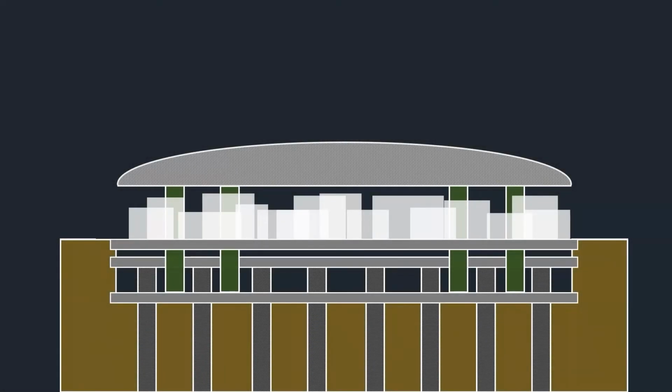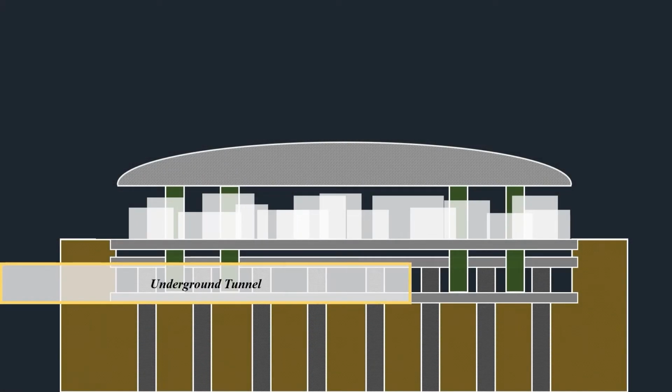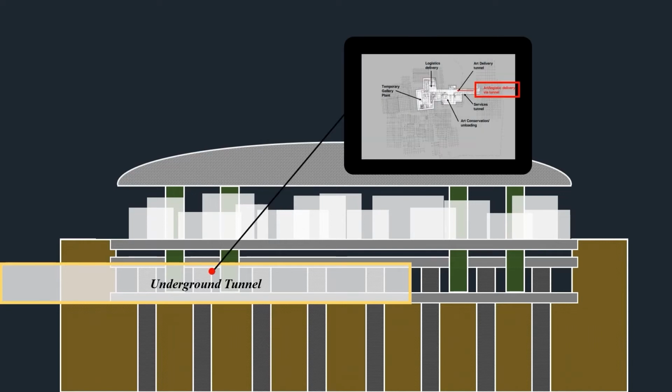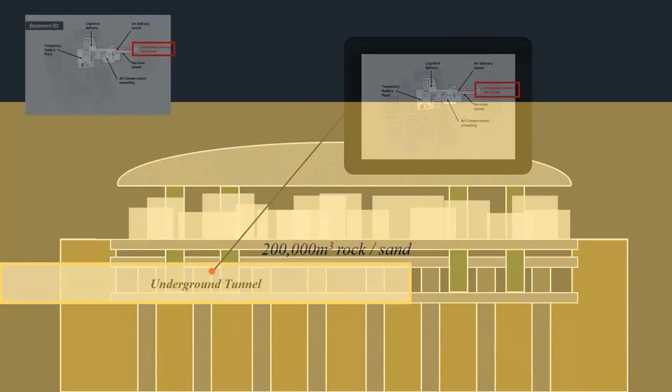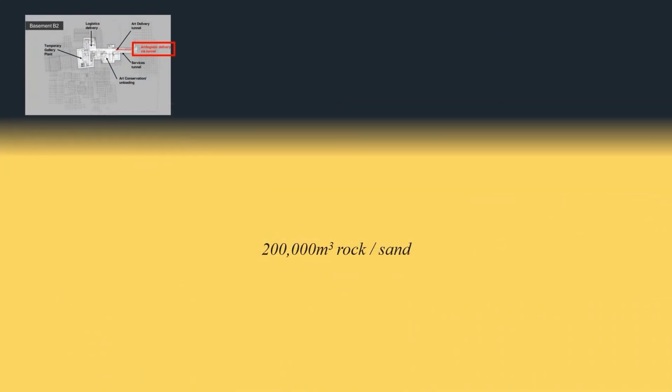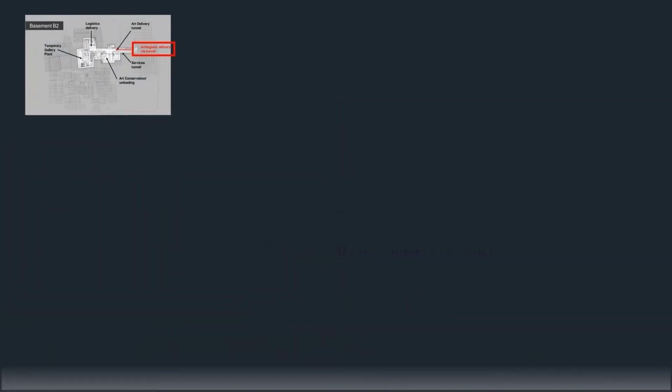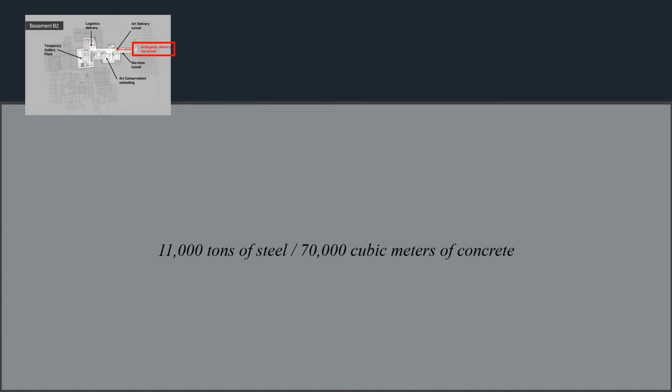Before the ground floor museum is constructed, the basement tunnel work had been carried out. The passageway for carrying the artwork was crucial. They dug up 200,000 cubic meters of rock and sand and used 11,000 tons of steel and 70,000 cubic meters of concrete to build this tunnel, 12 meters wide, 6 meters deep, and 1.2 kilometers long.